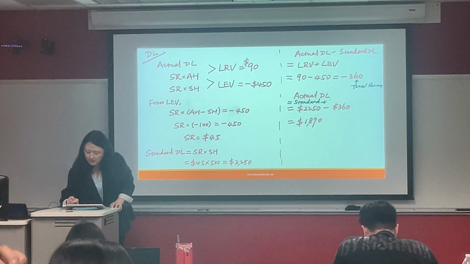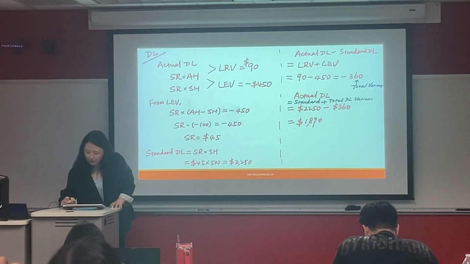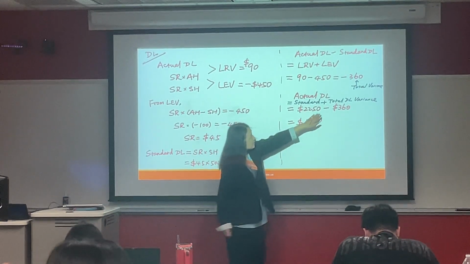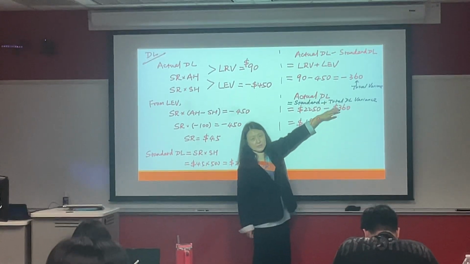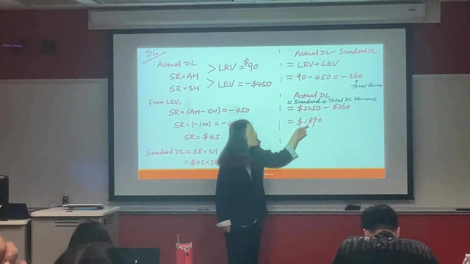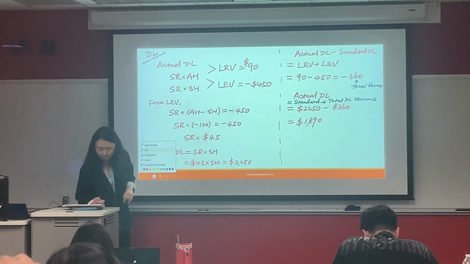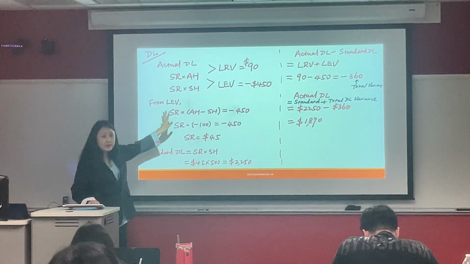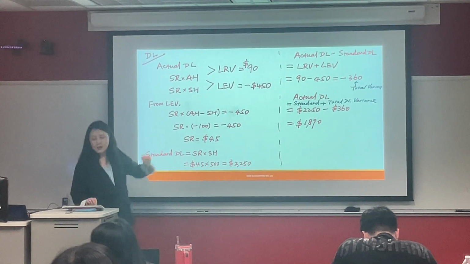So plus the total direct labor variance. All right? So then that will be the 2250, and total variance is negative 360, plus a negative, which is basically minus 360, then you get 1890. All right. Question? If you can't follow any of this, make sure you raise your hand. I can explain. All right.